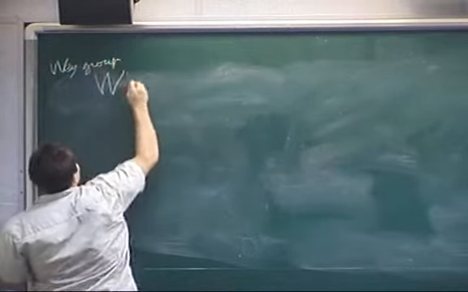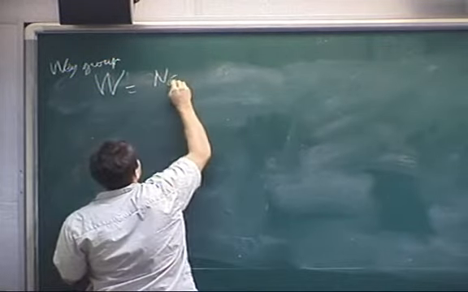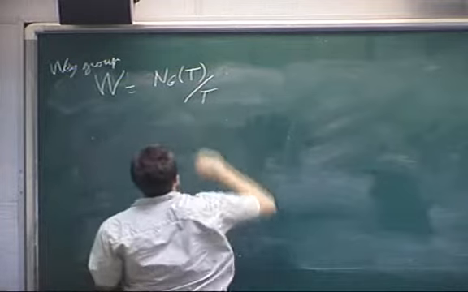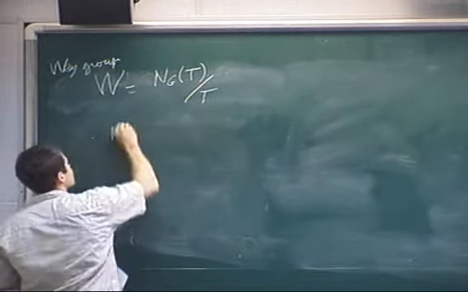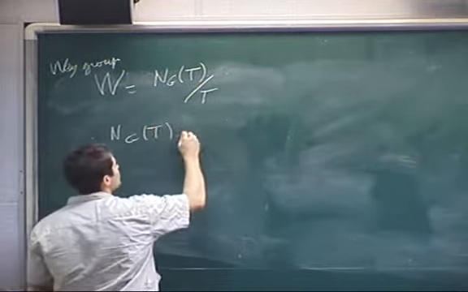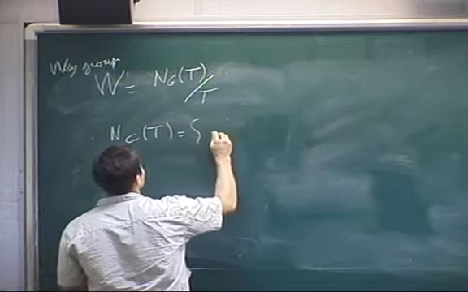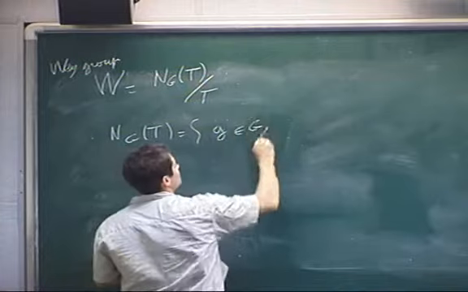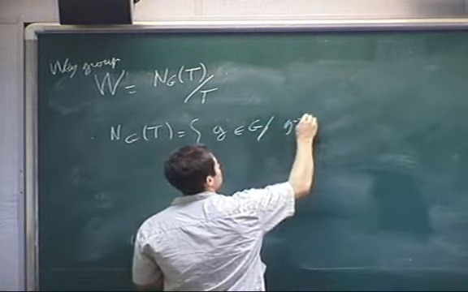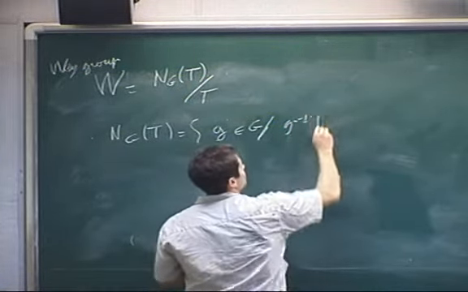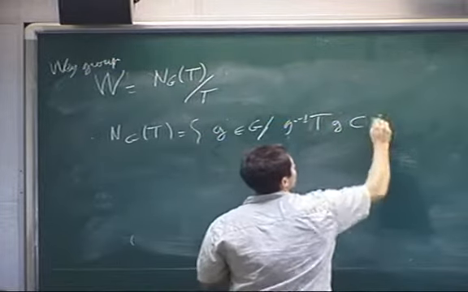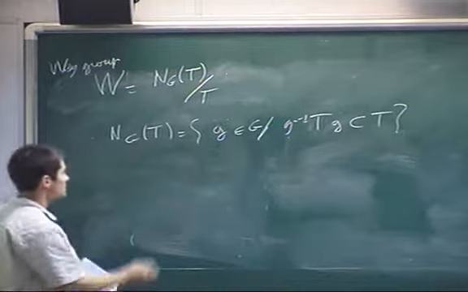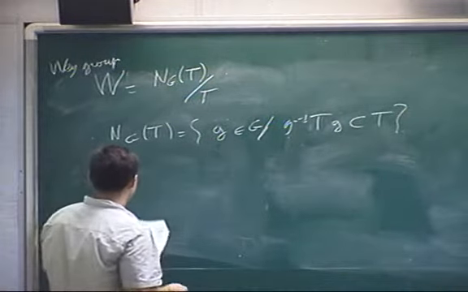It's a finite group defined as the normalizer in G of T, quotiented by T. The normalizer in G of a subgroup is defined by the set of g in G such that g^{-1} T g is included in T. So it stabilizes T.